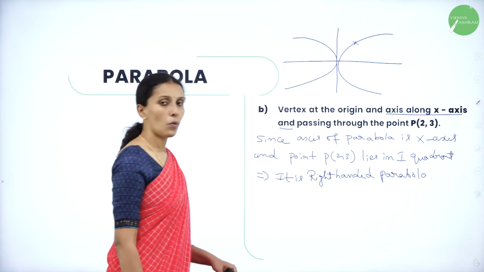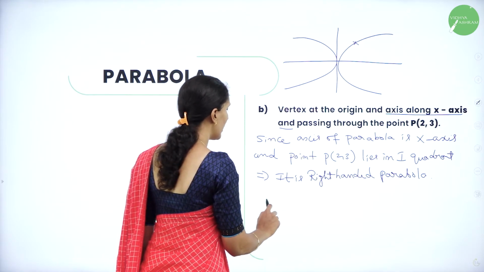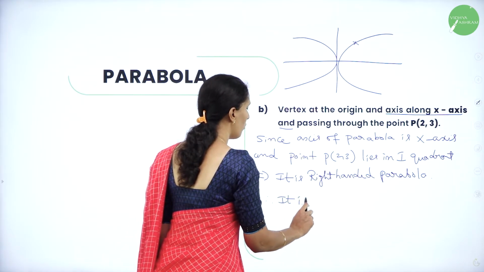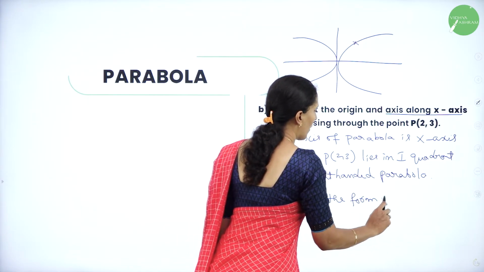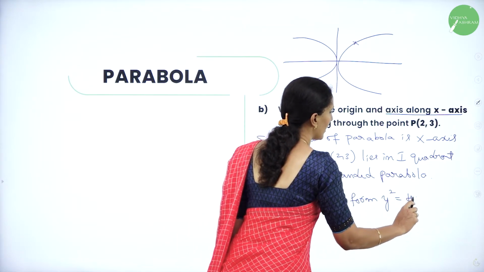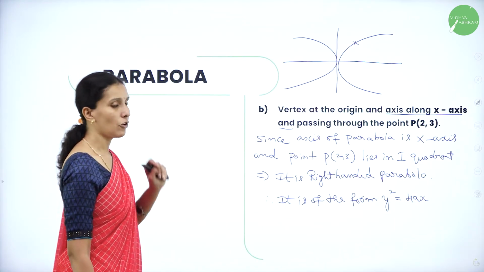So therefore, what is the general equation of the right-handed parabola? It is of the form y square is equal to 4ax. But I don't know the value of a. I can find the value of a now.